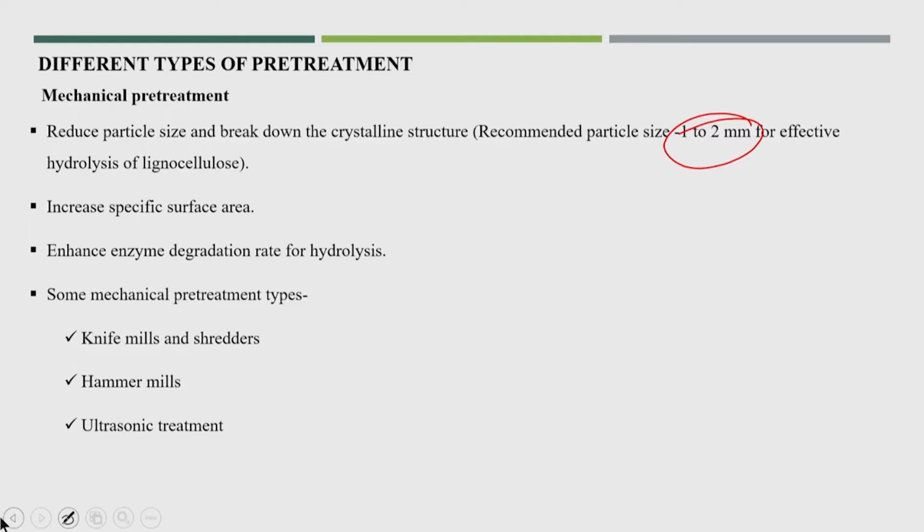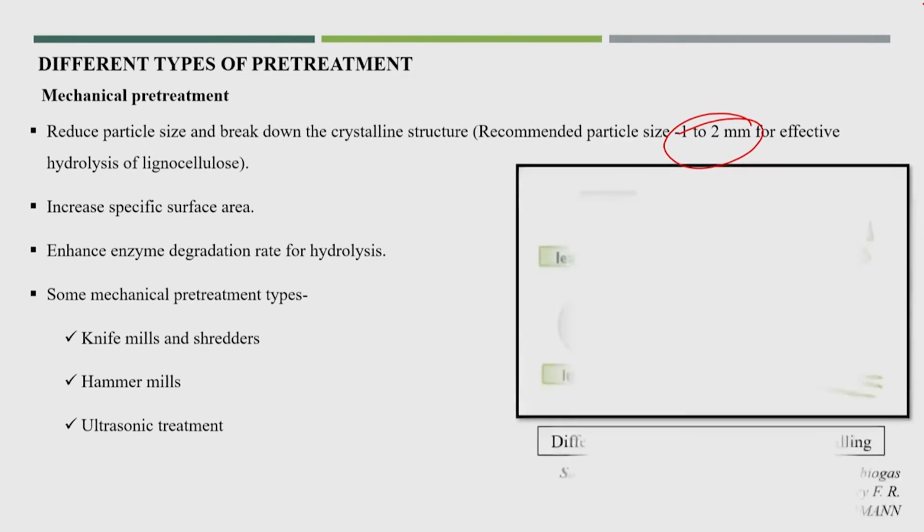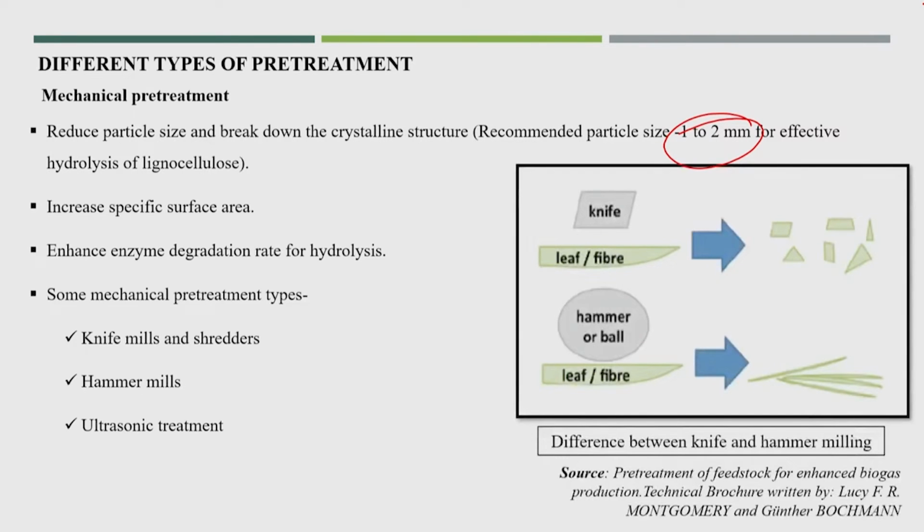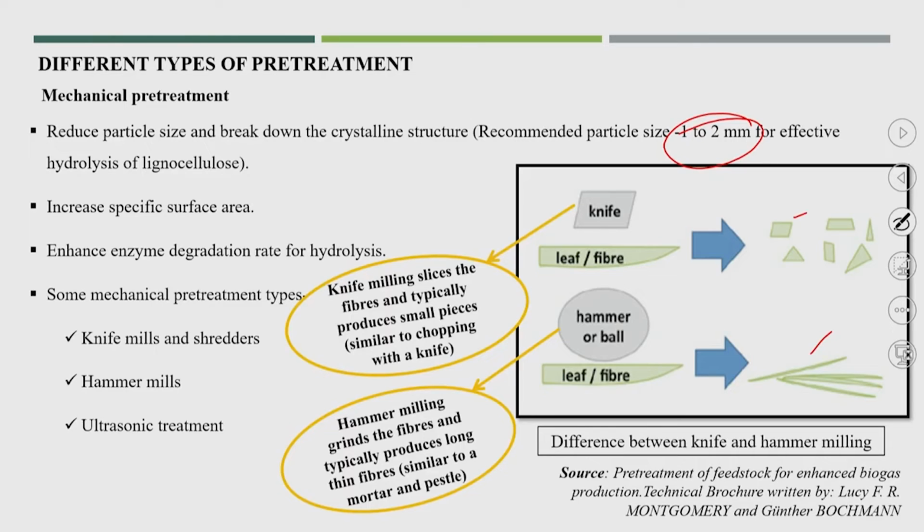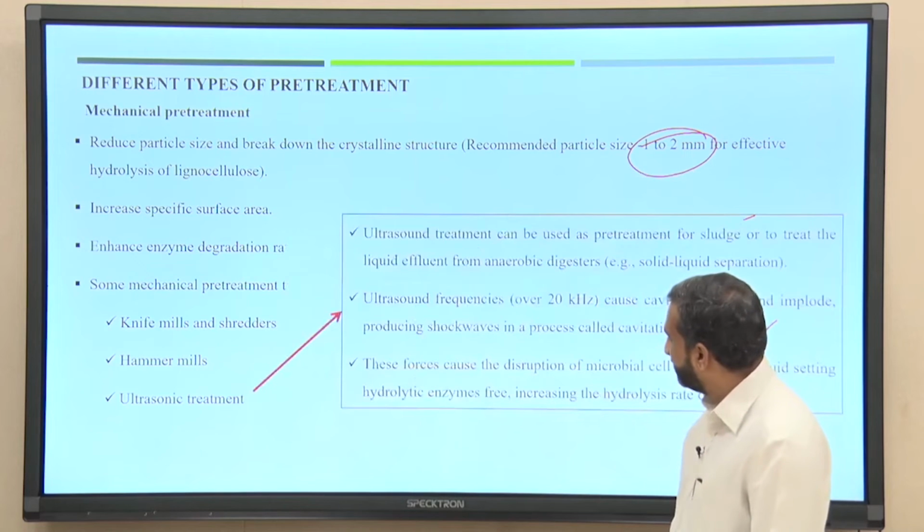There are different mechanical pretreatment types possible, by knife mill, different shredders, hammer mill, or even ultrasonic pretreatment. Now you see that by using a knife or hammer we can reduce the size. Knife milling slices the fibers and typically produces small pieces, and hammer milling grinds the fibers and typically produces long thin fibers. Both are easily available for microbial degradation.